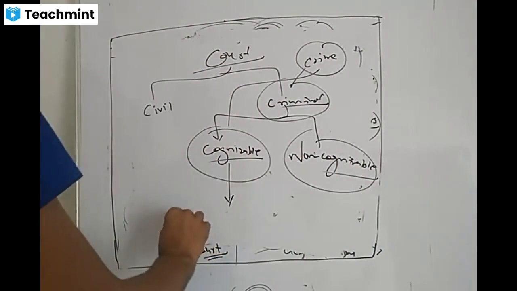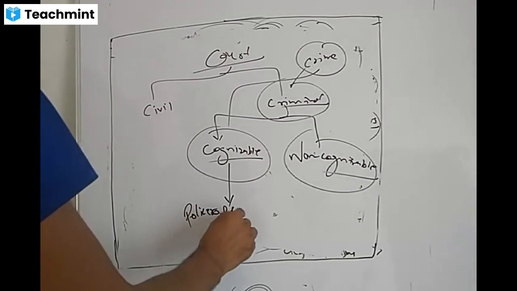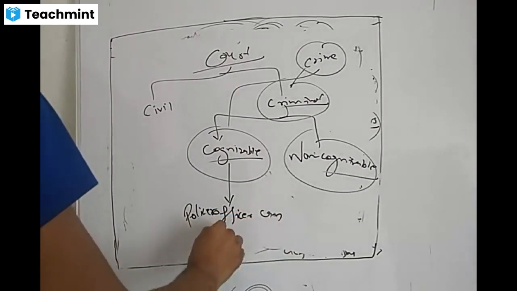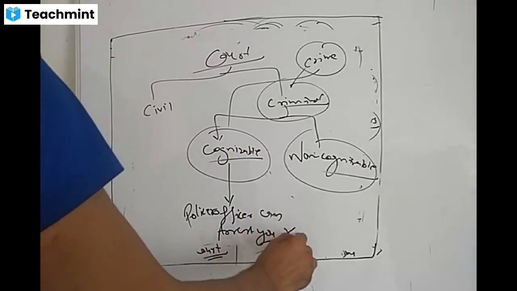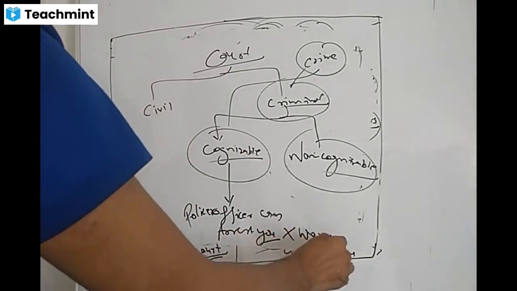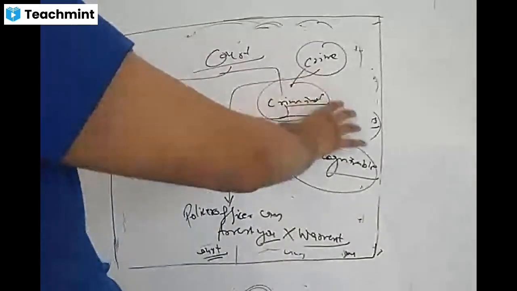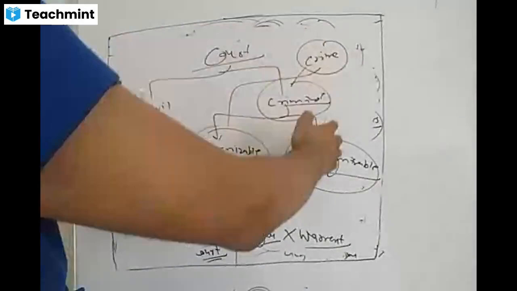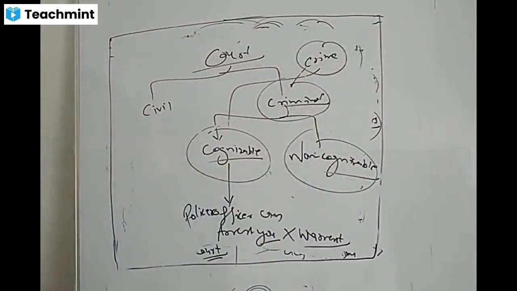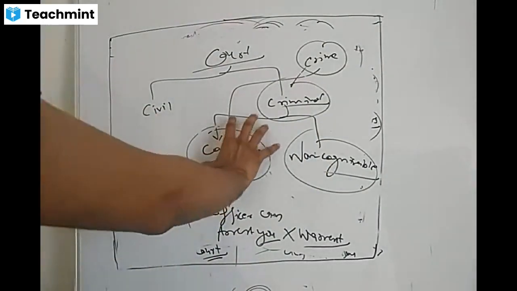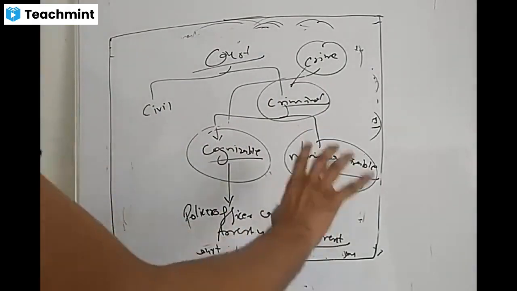Cognizable means a police officer can arrest you without any warrant from a magistrate. So in criminal cases, crime is there, two types of crime, cognizable and non-cognizable. In case of a cognizable case, a police officer can arrest you without any warrant.